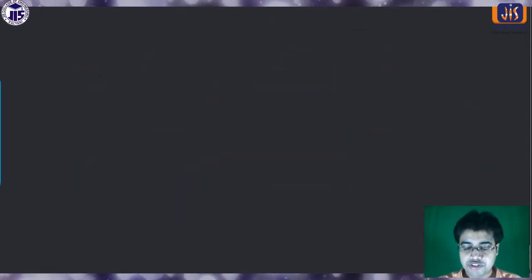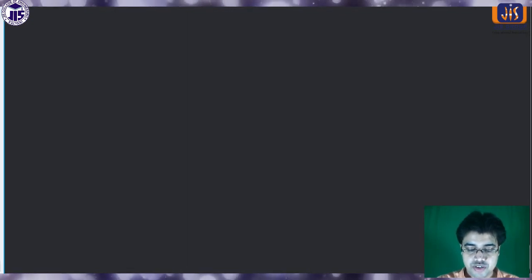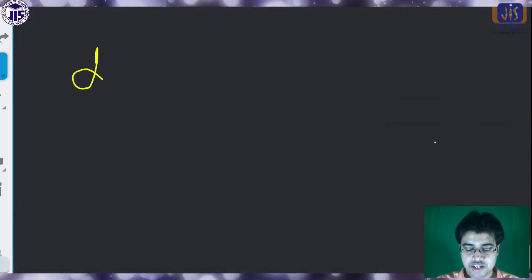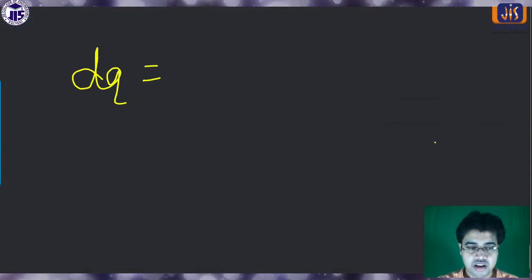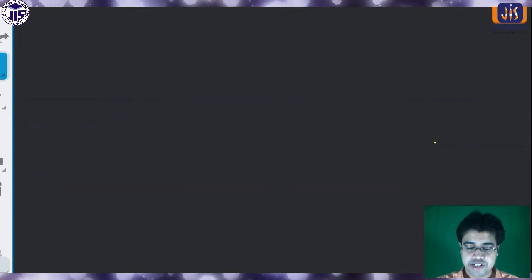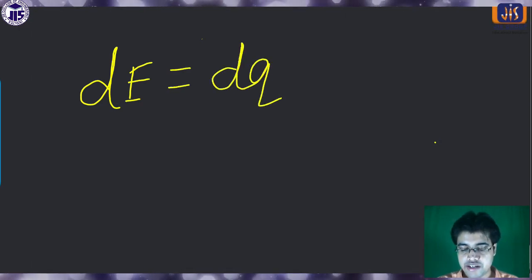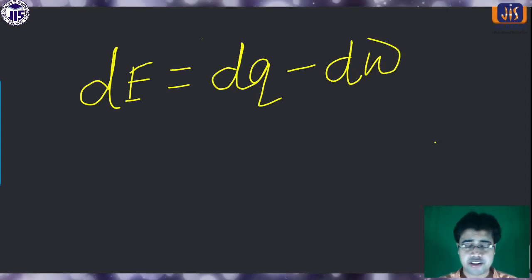So from the first law, we can write that dq equals to dE plus dw. According to the first law, dE, the change of internal energy, equals dq minus dw. We already explained this in the first law.